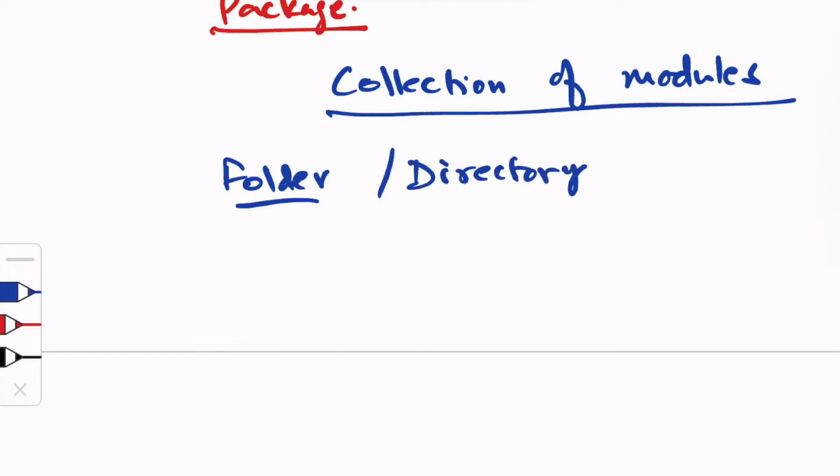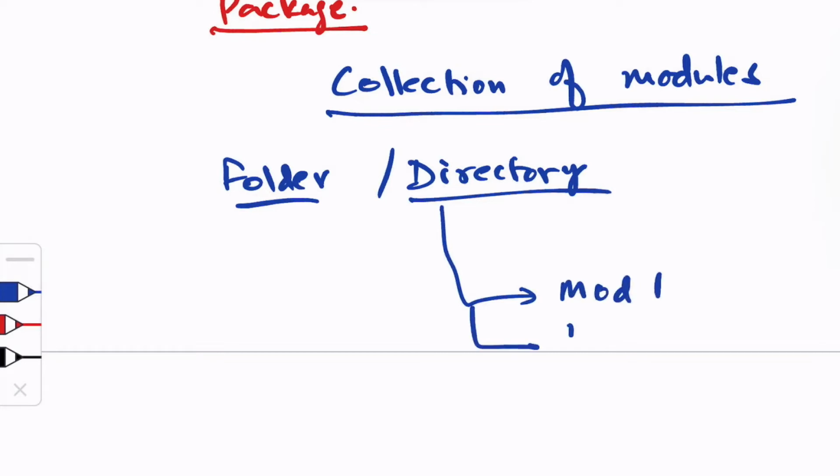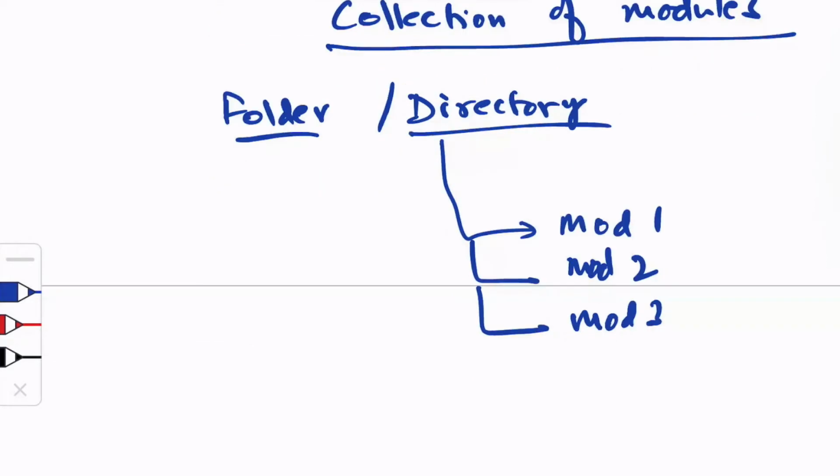You can compare. It's not a file. It will be like a directory. Okay. You put a lot of files inside it. So let's say you will put module 1, module 2, module 3, and you create something like package 1. Okay. Now a package is an aggregation or collection of various modules. Okay. And it is a directory structure.